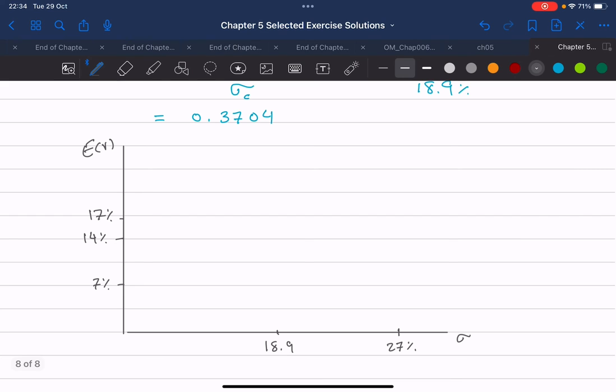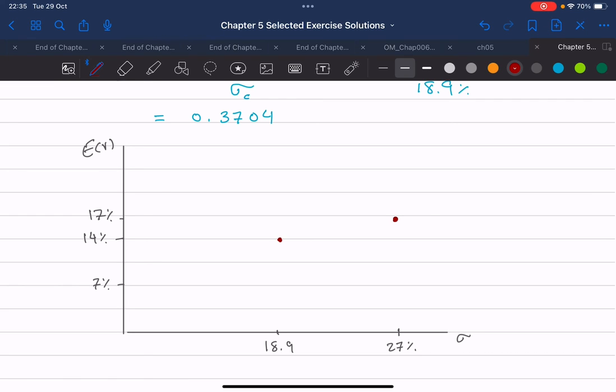Now the client's portfolio is going to be where? It's going to be in the intersection between the 18.9 standard deviation and the 14% return. So somewhere around here, right? And the risky fund's portfolio is going to be somewhere in here, in the intersection between 27% standard deviation and the 17% return.